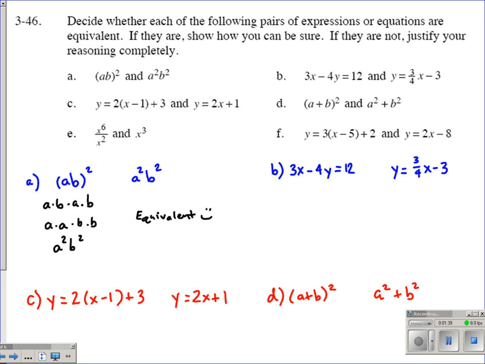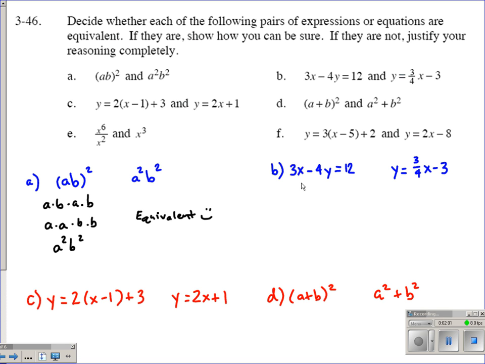All right, B. We have 3x minus 4y equals 12, and we have the equation y equals 3/4 x minus 3. Well, our equation on the right is already set to the form where y has been isolated. So we have y equals. Let's go ahead and do the same thing to our other equation.